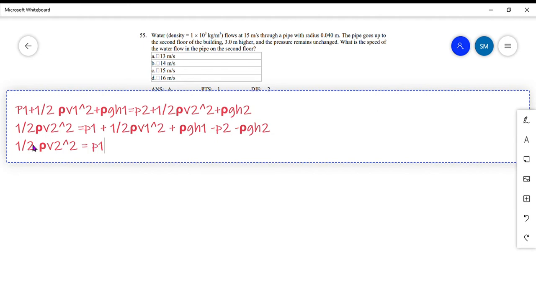P1 minus P2, I move this here, plus half rho V1 to the power 2, this part, plus rho g h1 minus rho g h2.